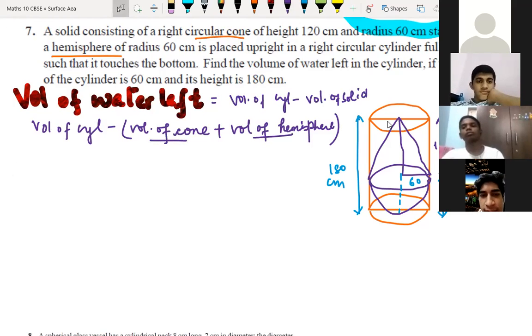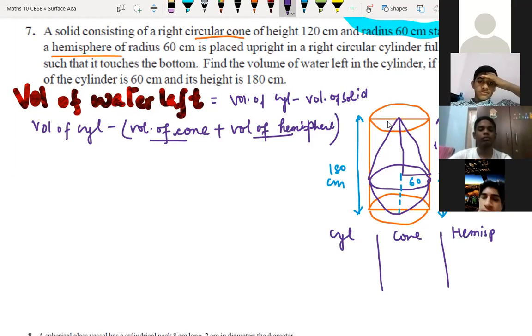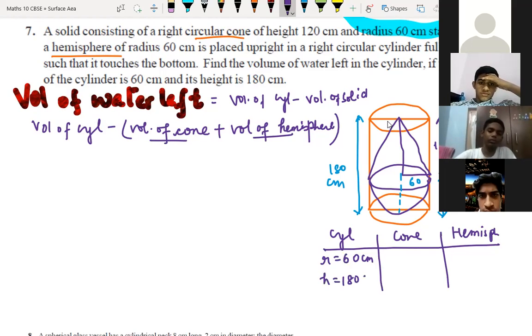Understood? Yes, sir. So we make 3 columns over here. One we write for the cylinder, one for the cone, and one for the hemisphere. So write one line over here. The cylinder radius is 60 centimeter and height is 180 centimeter.